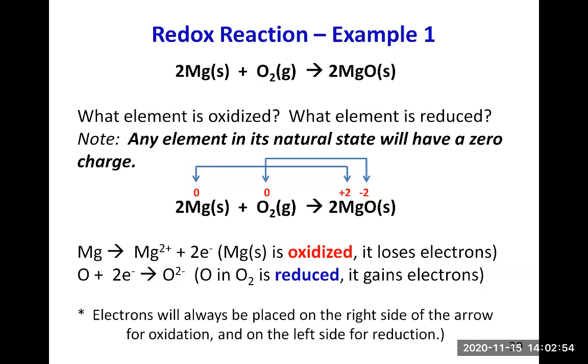So you add the electrons to the reactant and it gives an anion, or else it can become zero, a charge of zero if it was positive first. And for the oxidation half reaction, the electrons will be on the right side because they have been lost. So you remove them from the reactant.